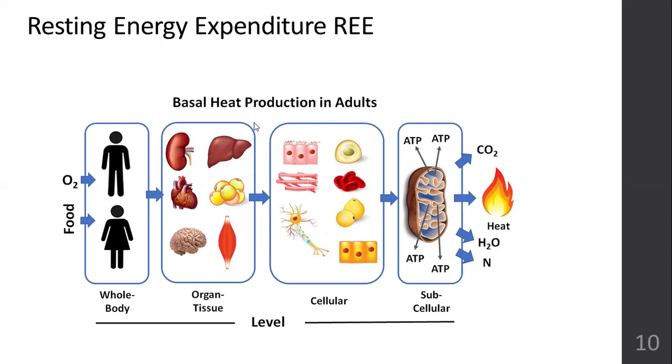This is also around 60 to 70% of your total energy expenditure. With age, resting energy expenditure decreases. Again, men have higher REE as compared to women because they have more lean muscle.